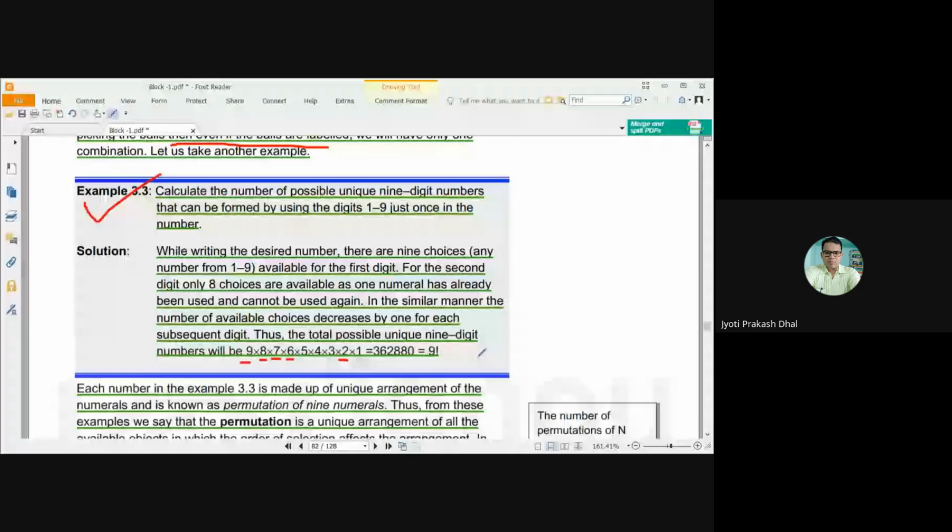Possible unique 9-digit numbers will be 9 into 8 into 7 into 6 into 5 into 4 into 3 into 2 into 1. In the above example the number is made up of unique digits.